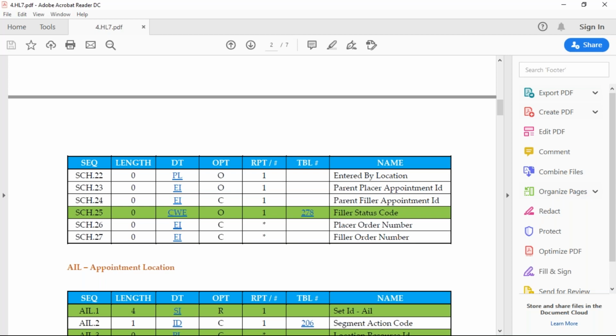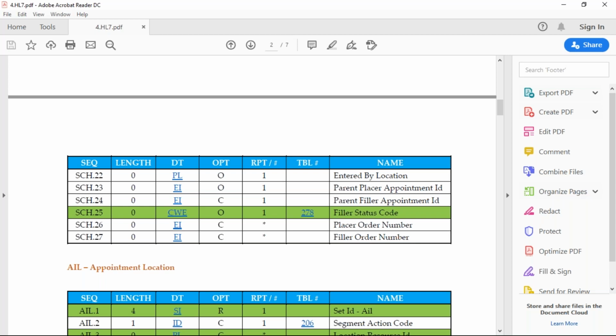During these scenarios, SCH25 plays a major role, indicating the status of the appointment being communicated to the EHR. There are many values that can be sent in SCH25, like scheduled, no show, started, checked in, or acknowledged, depending on the scenario.